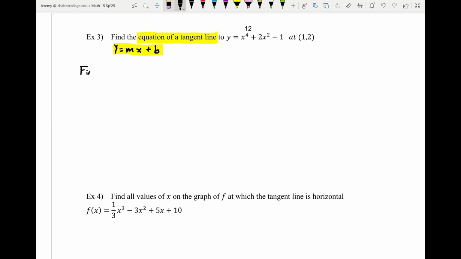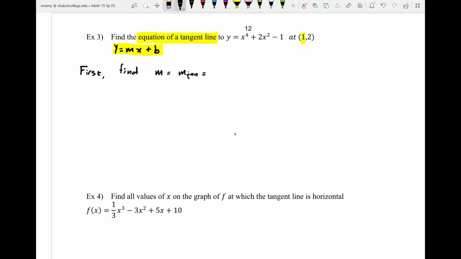First, we want to find that slope m. Find the slope of that tangent line, so m tan. And the way that I can find this is taking the derivative of my function and plugging in my a value, which in this case is going to be 1.